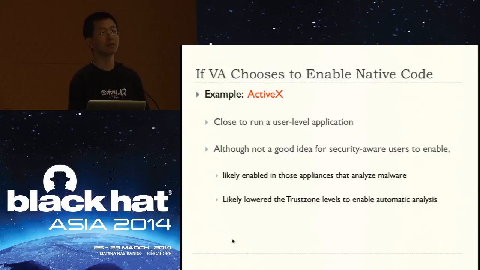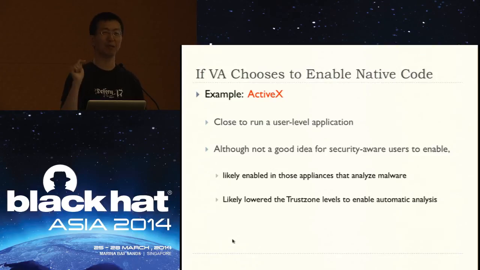However, think about evading the detection of some box in the middle that uses a virtual appliance to analyze the program. As far as we know, they did lots of work to first lower the level of protection, so they actually run lots of untrusted code. Second, they also enable auto click.